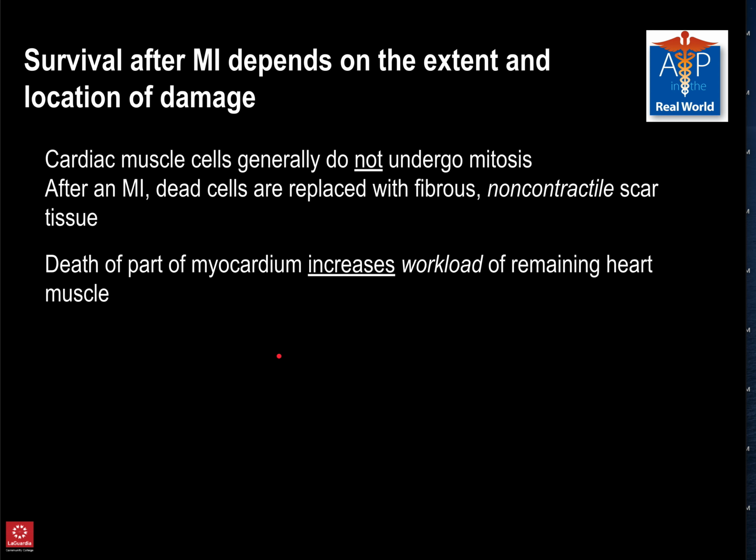Remember, these muscles don't have the ability to undergo mitosis. So when that muscle cell dies, there's no one to take its place. It's just replaced by scar tissue. So the end result is all the other muscle cells around it have to pick up the slack, and that just makes the work of those other cells much harder.